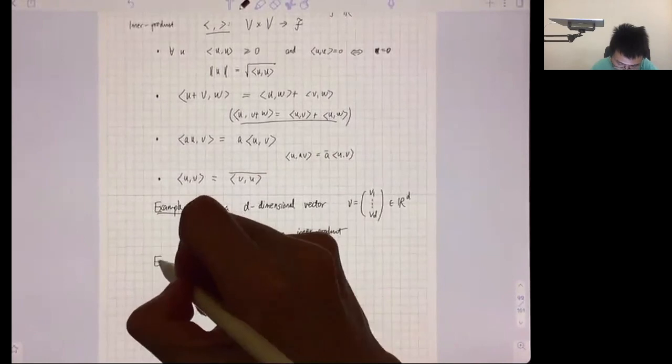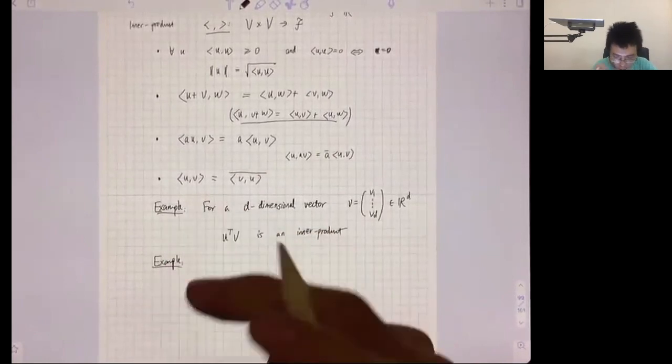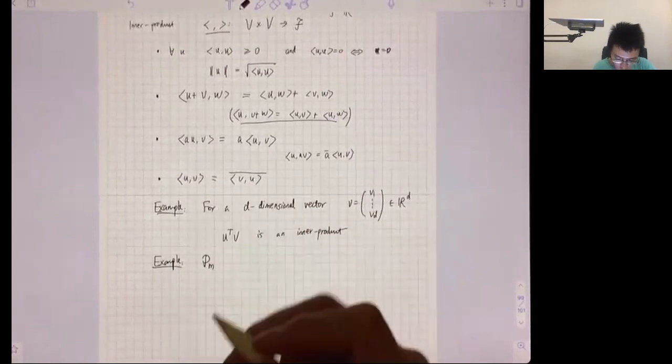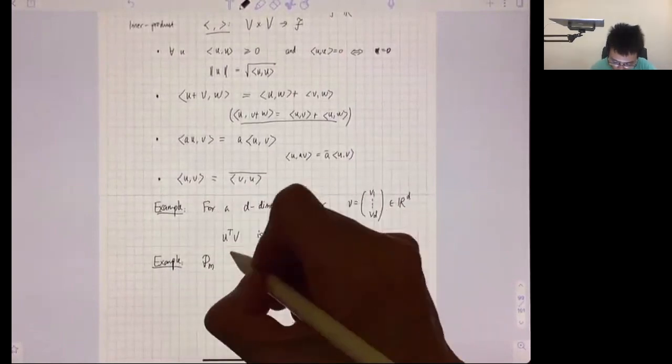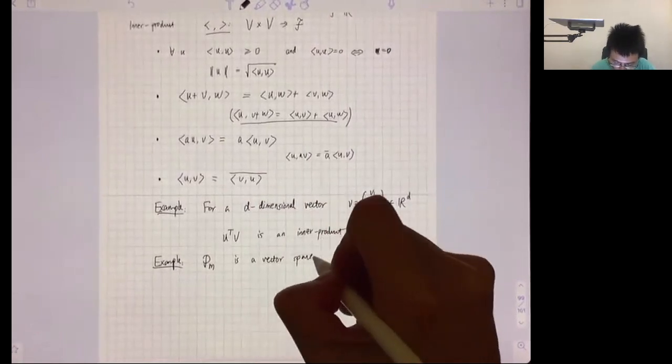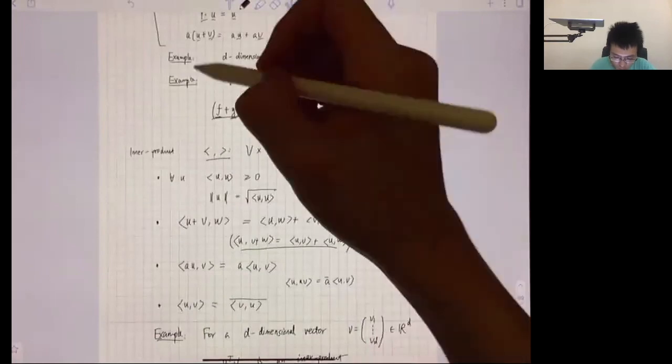And another example is, let's consider a function space, and let's even simplify things. Let's say the polynomial to the most m degree is a vector space, right? You can just verify very similar to this.